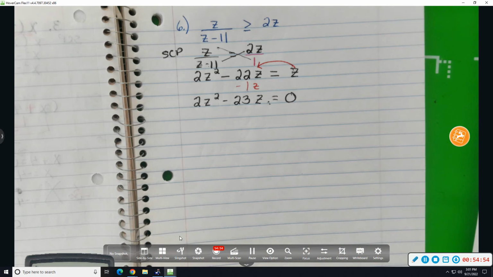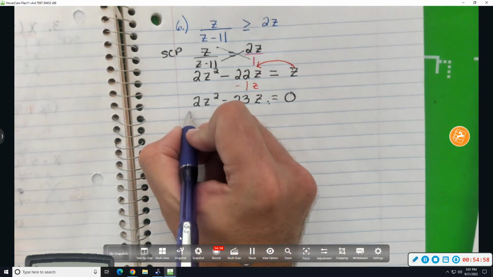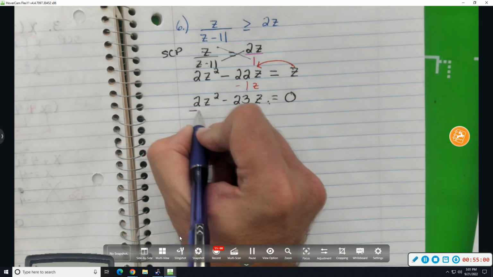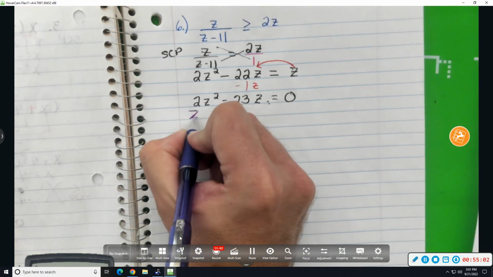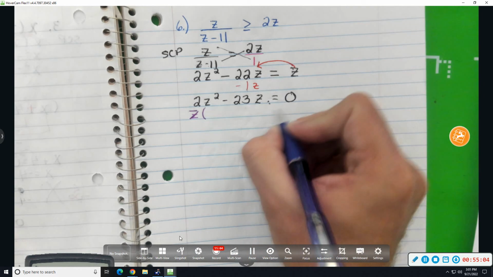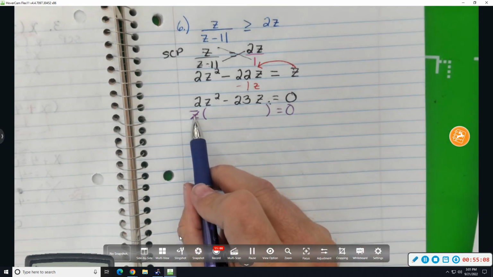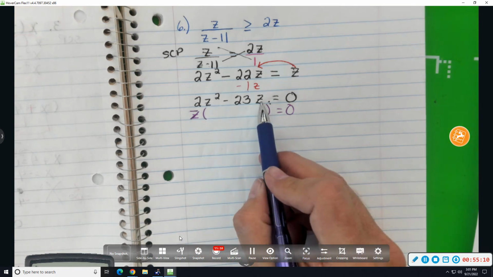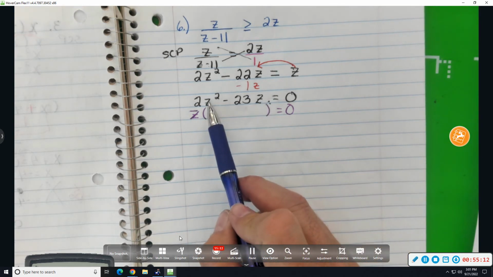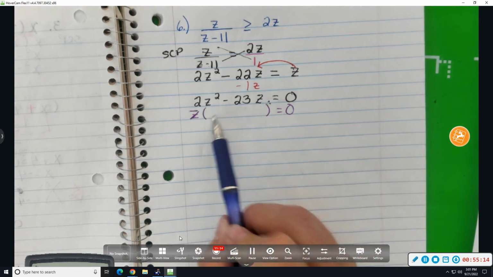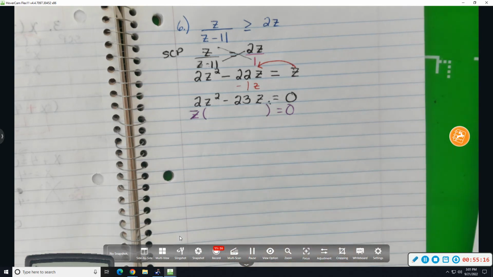Well, do y'all remember the phrase factor out a variable? You're going to do reverse. Instead of reverse FOIL, it's the reverse distribute. Formally, we say we're factoring a z from each term. If I took one z out of each one of these, what would be in the parentheses?